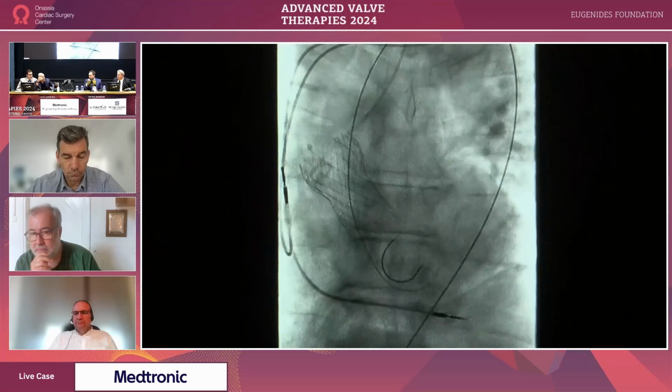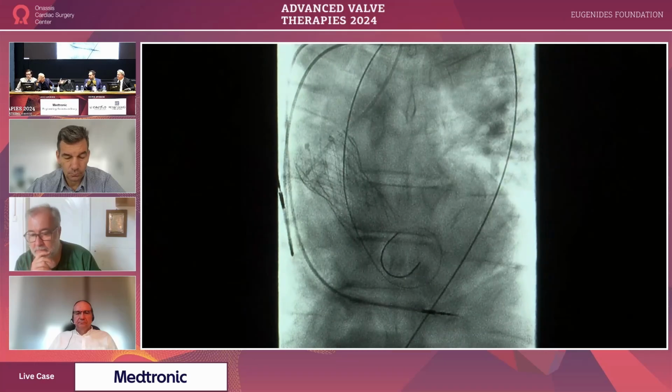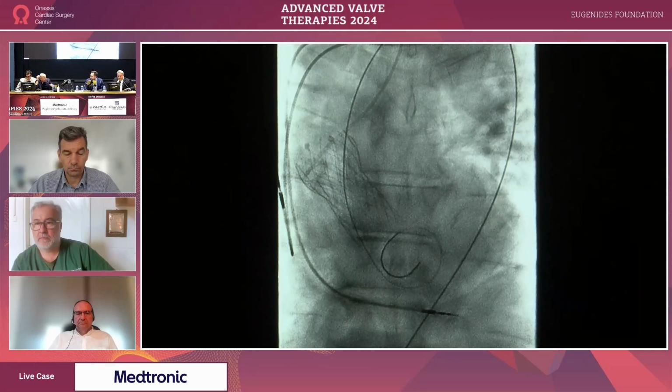Sometimes it's a problem with those long wings. But here, there's no problem. So why leave the stiff wire? I never leave the stiff wire, just like you. So you mean exchange the wire for a pigtail before the final injection, because it causes central aortic regurgitation, especially in balloon expandable valves also.